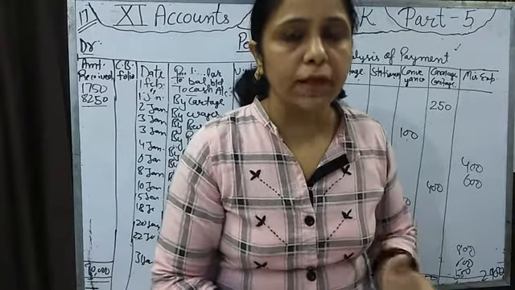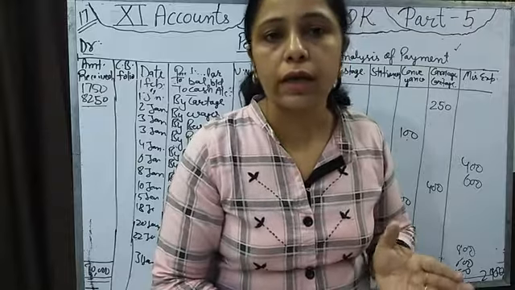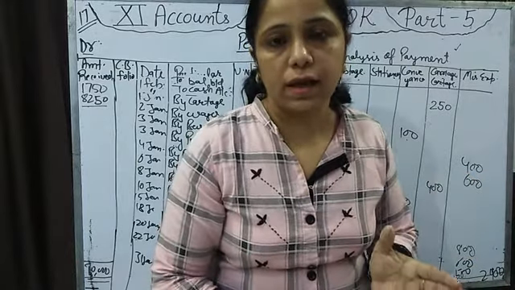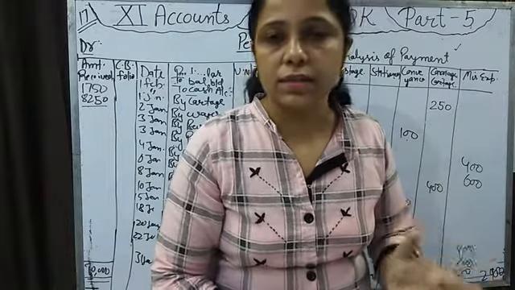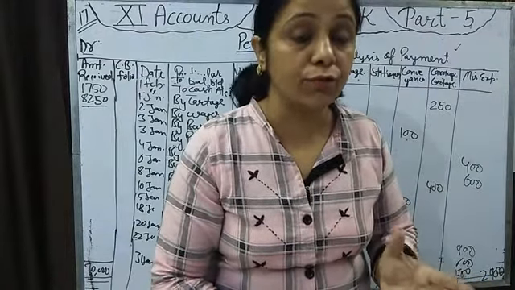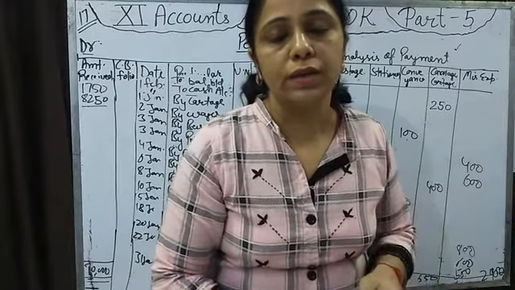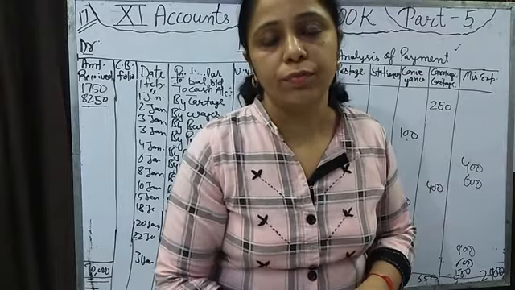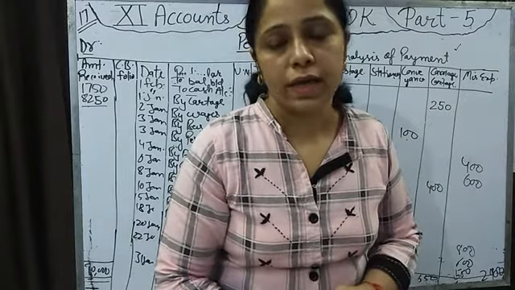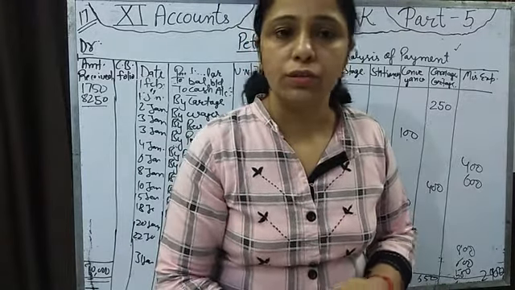So prepare for the test, do all the examples again. You have 4 days, Thursday, Friday, Saturday and Sunday, to prepare the chapter cash book. On Monday there will be a test of this full chapter cash book. Okay, thank you, have a nice day.